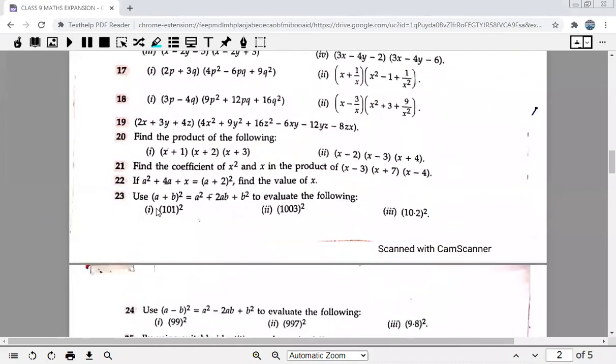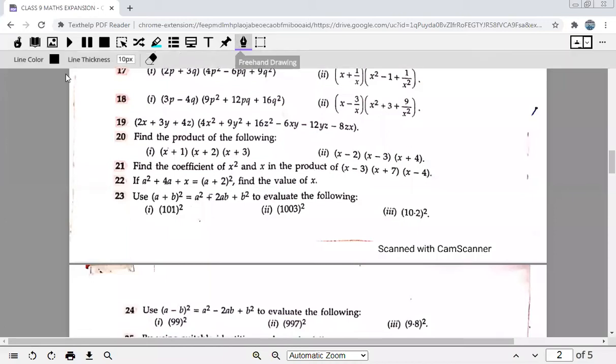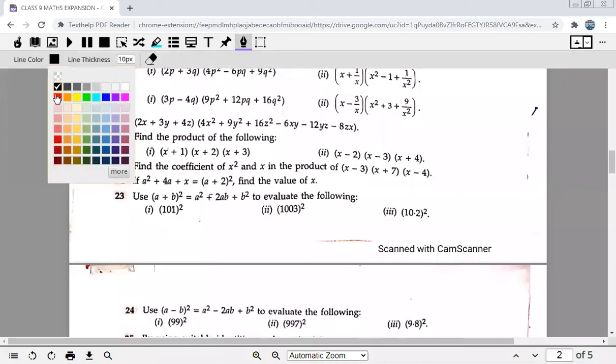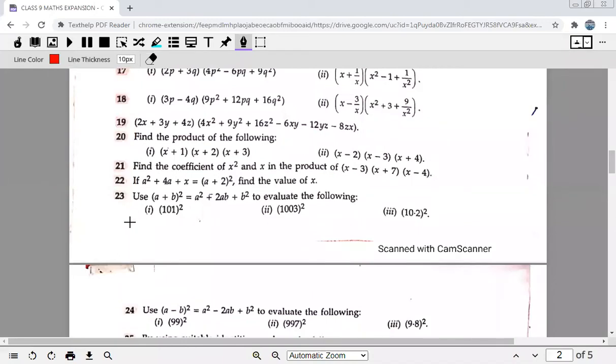You see question number 23. You have to find the value of 101 whole square. How will you do it? You write it as 100 plus 1, whole square.